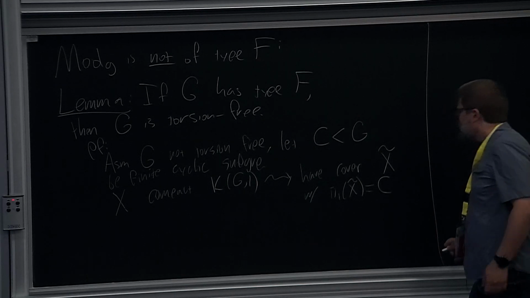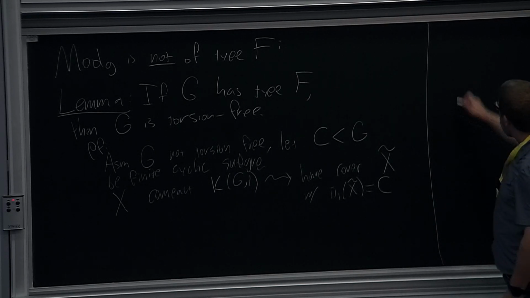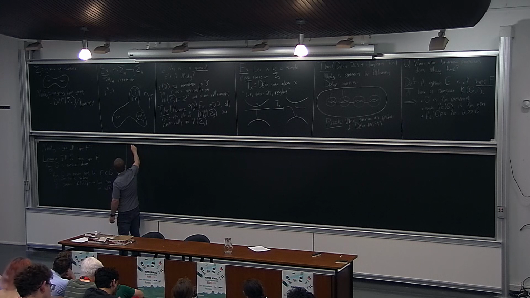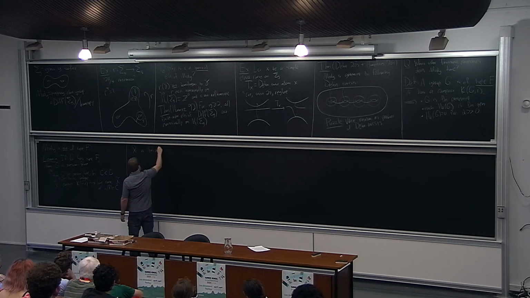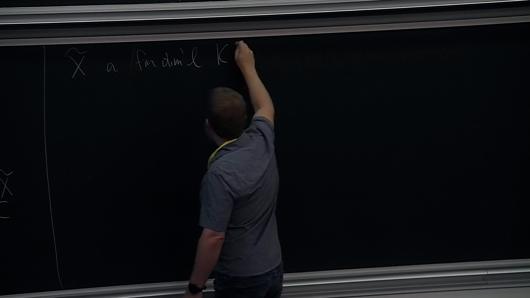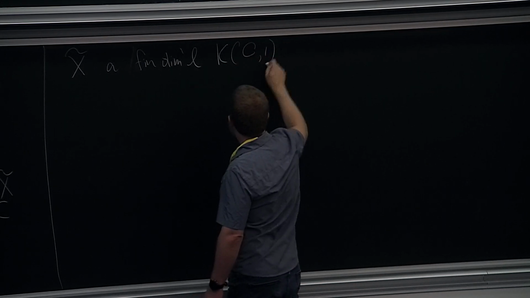And we see then that X tilde is a compact, well, it's not necessarily compact, but is a finite dimensional KC1.